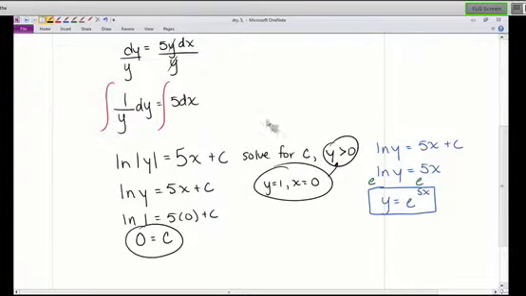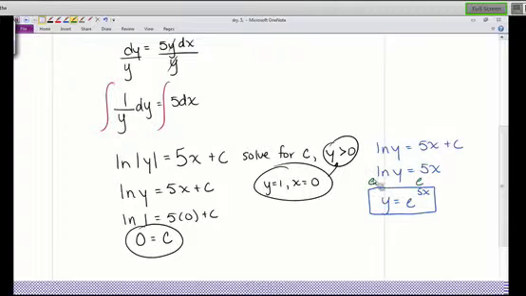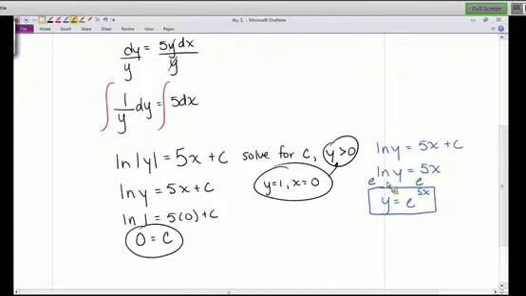The reason we're taking both sides to the base of e is because it's a natural log property. By taking both sides to the base of e, ln ends up canceling out with the base of e, leaving us with just y, equal to the argument.